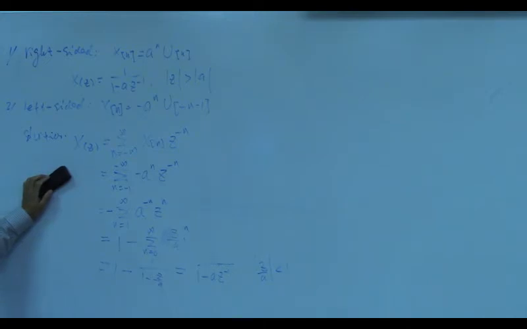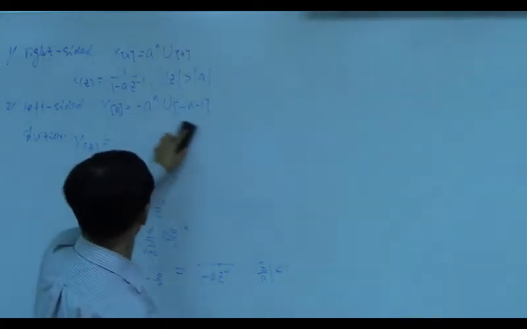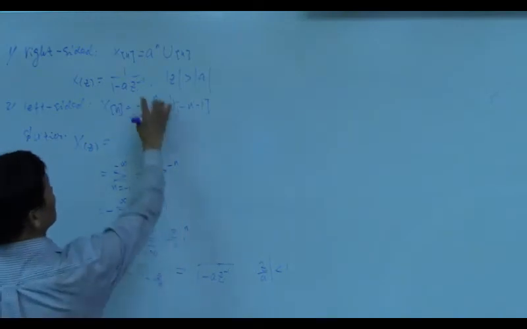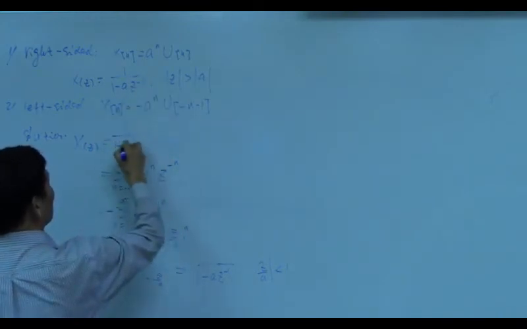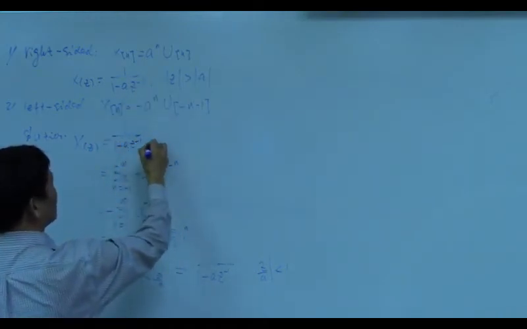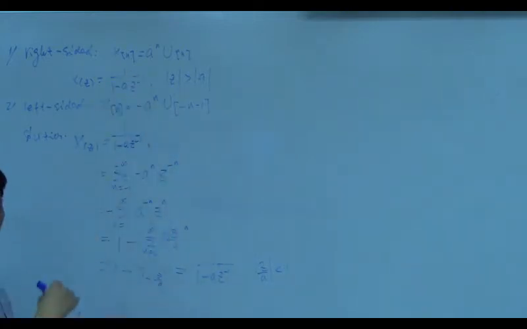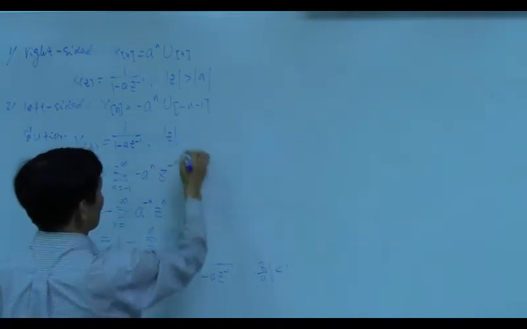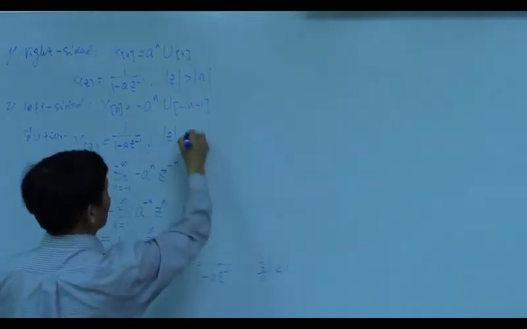Same, right? Alright, so let me erase this and copy this one. So actually it is this, 1 over 1 minus a z to the negative 1. So the same as this, but the only difference is the region of convergence. The absolute value of z must be less than the absolute value of a.